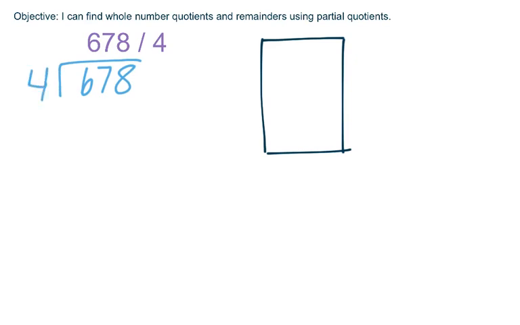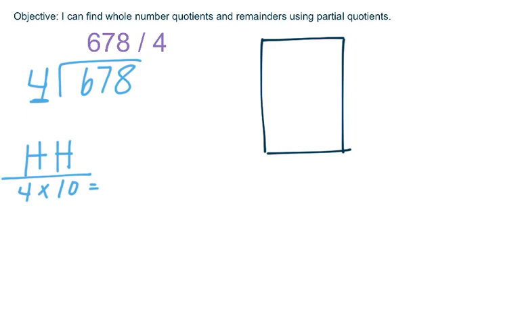Okay, and I'm going to start with my heavy hitters over here, so those chunks that I can be taking out. So I've got to do multiples of 4 here. In this case, I've got a number in the hundreds, so I'm going to beef my numbers up just to start.